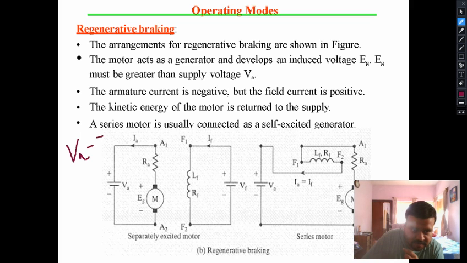So VA minus IARA is equal to EB. It should not be EG, rather it should be EB. So that is equal to K1 N phi.